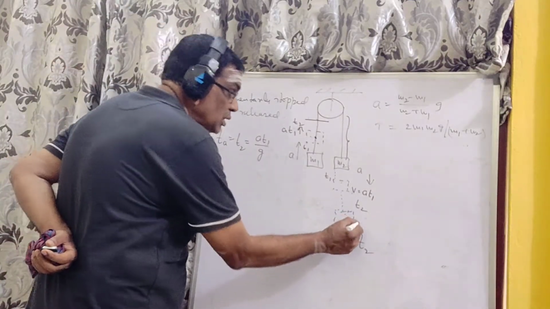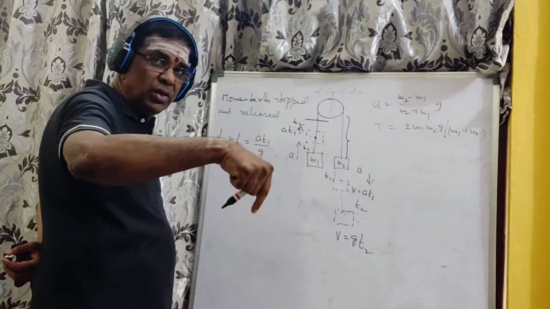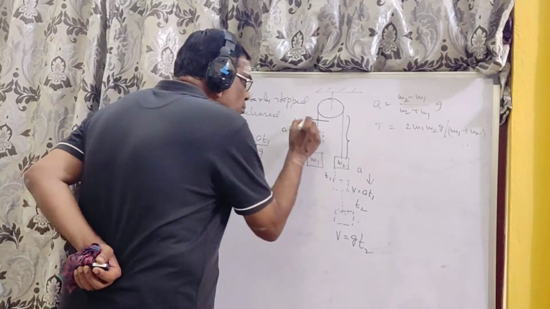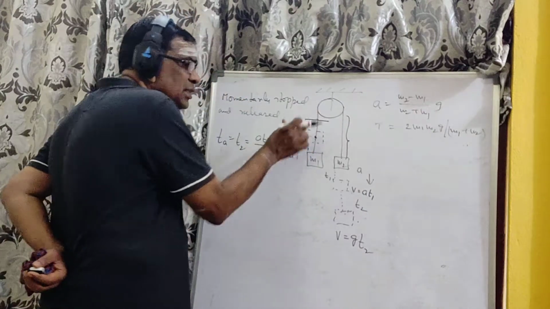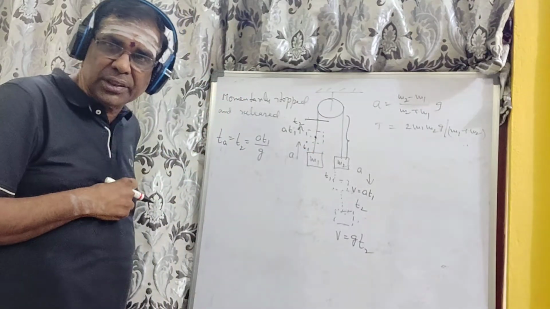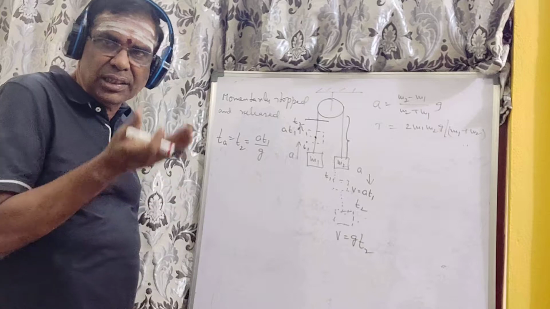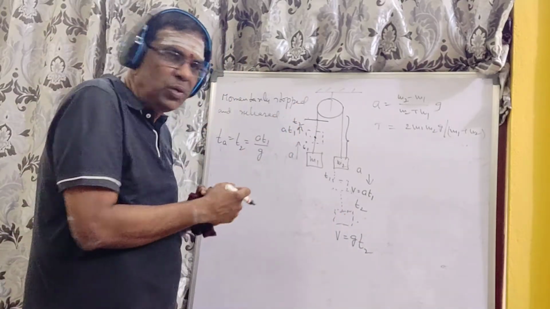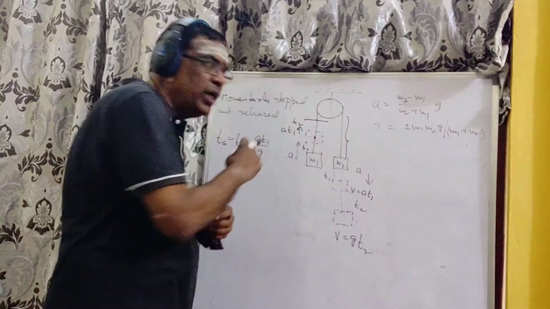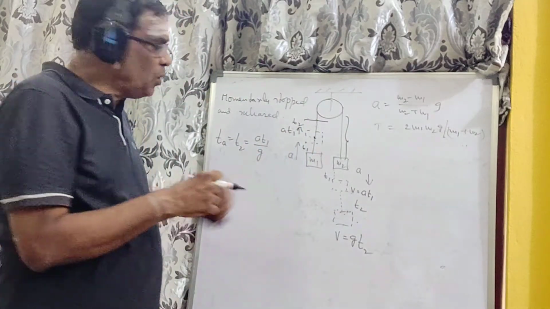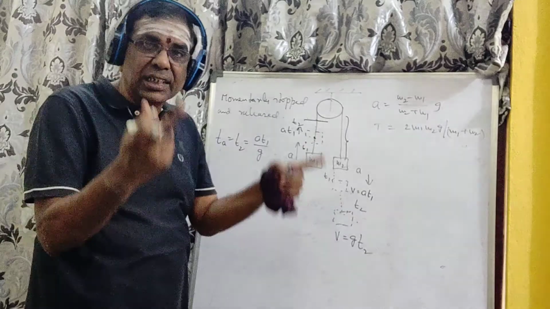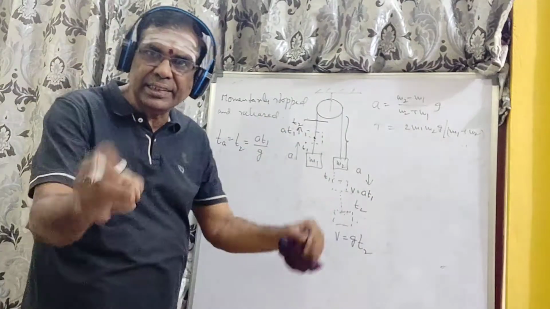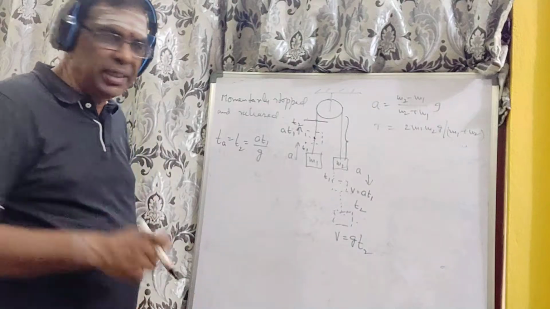So the velocity here, there is a downward motion at that instant just after t2, and here this momentarily stops. It doesn't move, momentarily stops, whereas this continues to move. So this will try to pull it up. So the string gets taut at that instant. The string gets tight at that instant. I repeat this.